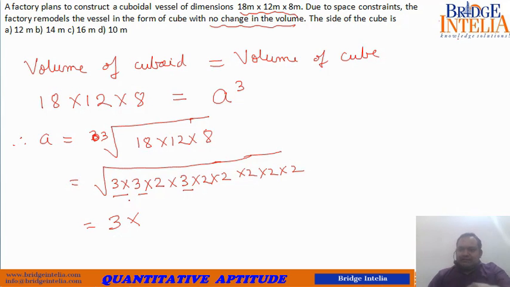So out of one triplet, one 3 can be taken out because you are trying to find the cube root. Now look at the count of 2: 1, 2, 3, 4, 5, 6. So out of six 2's, two 2's will go out because you are finding the cube root. So 3 into 2 into 2 is 12. So 12 is the answer.